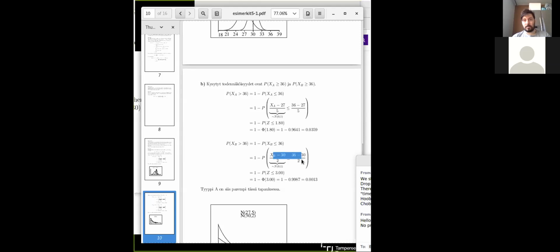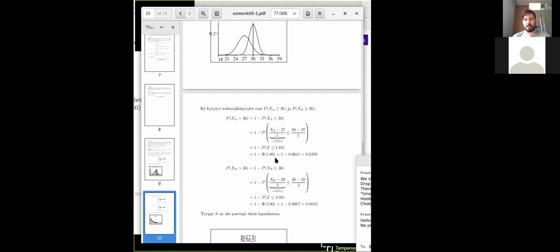Calculating these probabilities, this comes out at Z smaller than 3, a considerably larger number than here, so we would expect this to be smaller. We get 0.0013, so this is 0.1%. This is worse by a factor of almost 30.